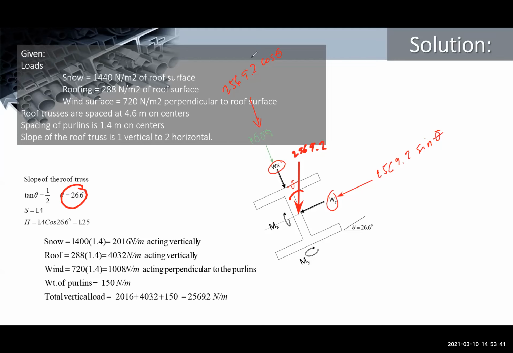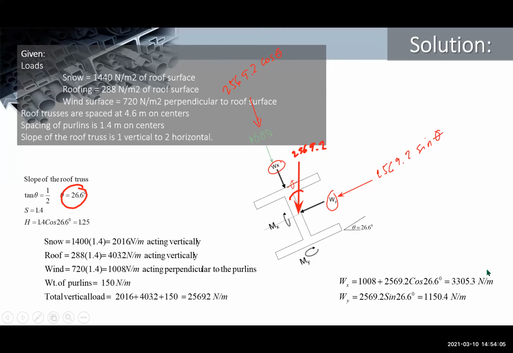So, all you need to do now is add. So, we have 1,008 plus 2,569.2 cosine 26.6. WY is the Y component of this vertical load. So, 1150.4 Newton per meter.